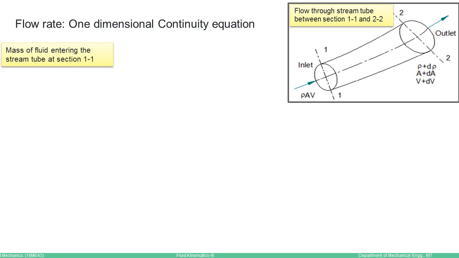Now the mass of the fluid entering the stream tube at section 1 can be found by density multiplied by area of cross section multiplied by velocity multiplied by time interval.